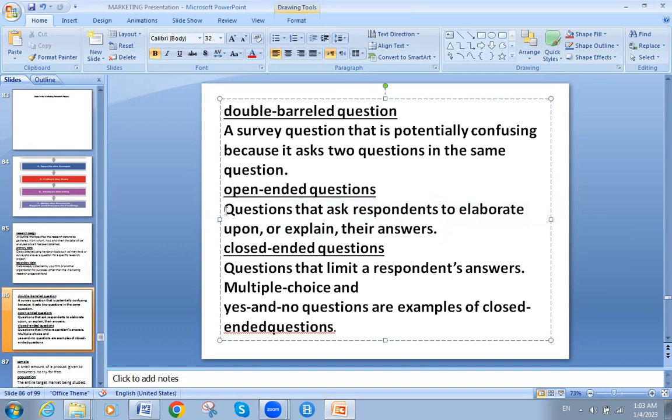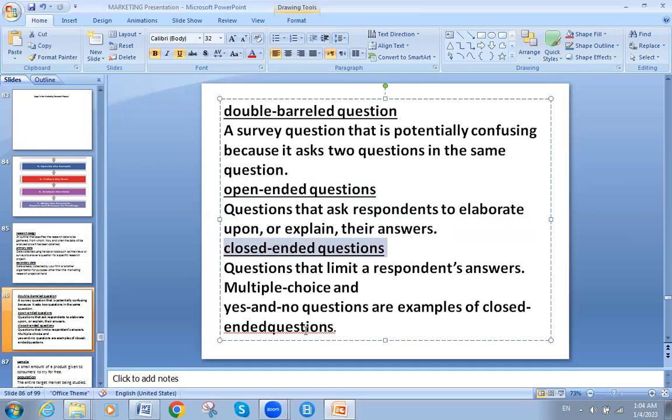So you leave them dots. For example, "Do you have any suggestions?" and I leave them points. "If you are not satisfied with our products, could you please tell us why?" Then you leave a space for them to write the reason. We call it an open-ended question.